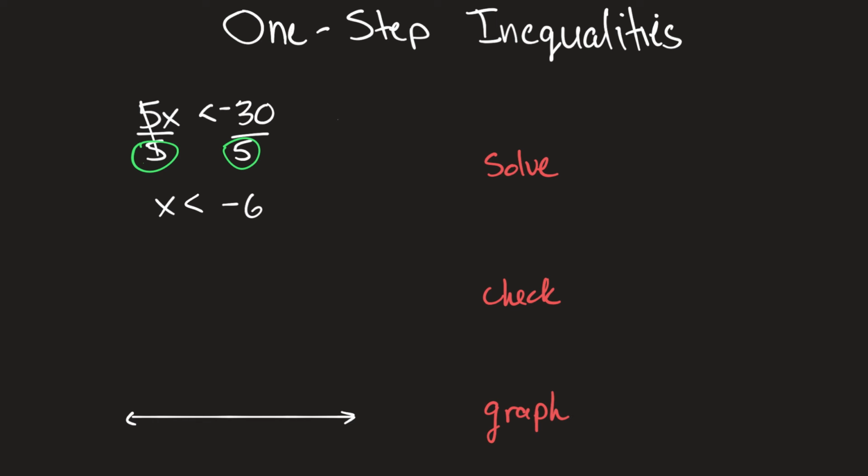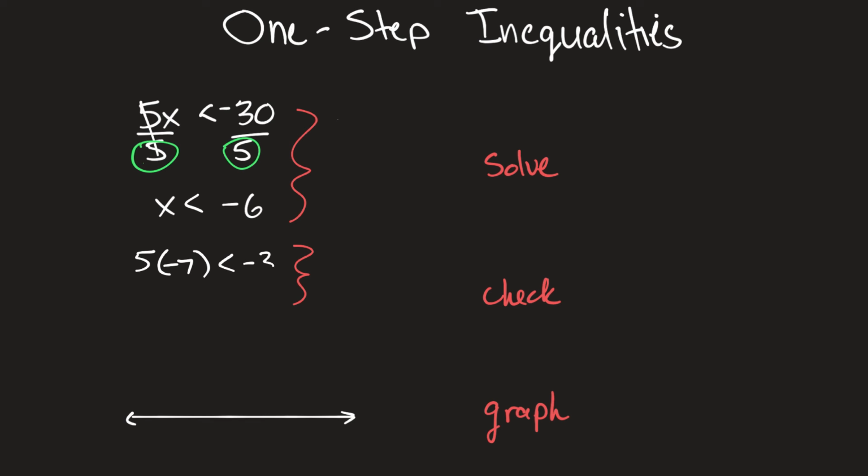We need a number smaller than -6, and -7 is something smaller than -6. So this was the solve right here, and here comes the check. It has to be smaller than -30, right?